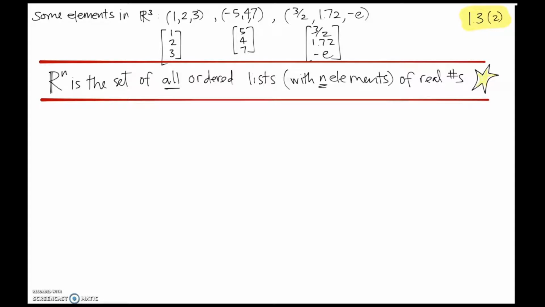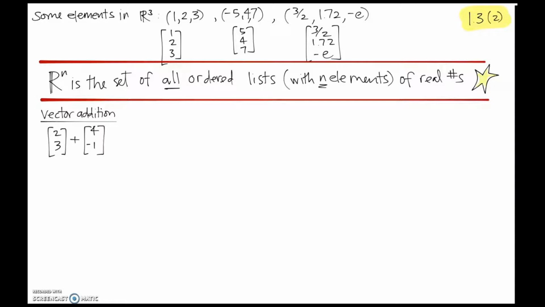And now we're going to talk about 2 operations that we'll do quite a bit on Rn. The first one is vector addition, and vector addition is what it sounds like. You're going to take 2 vectors and add them together. Let's look at an example and then we'll generalize it. Say that we had the vector 2, 3 plus the vector 4, -1.